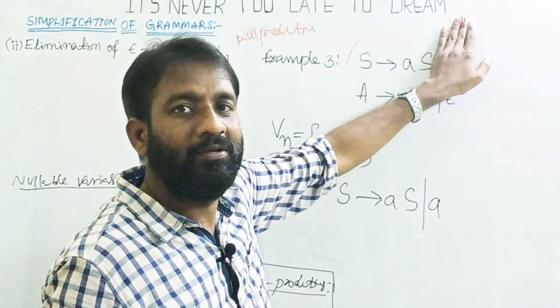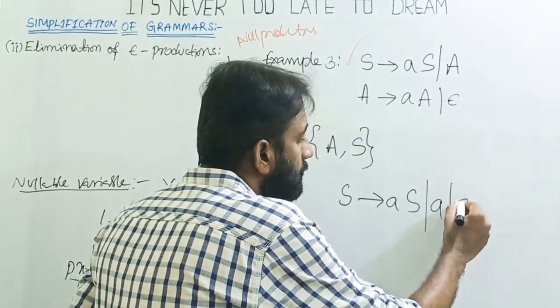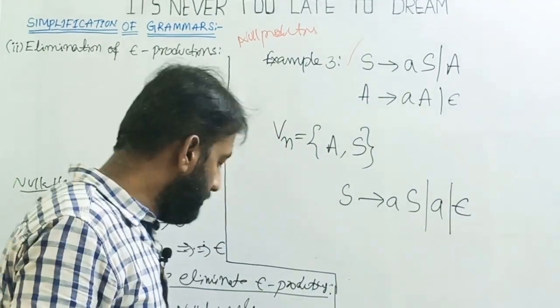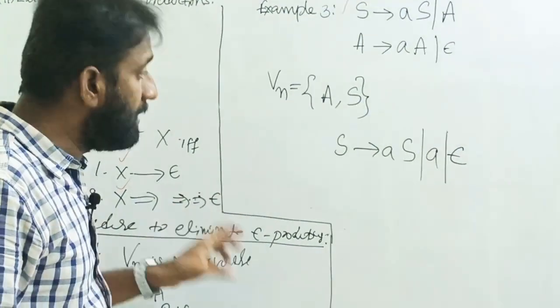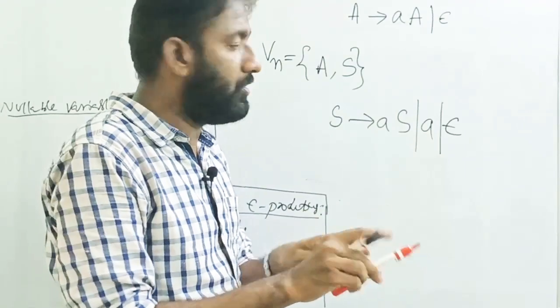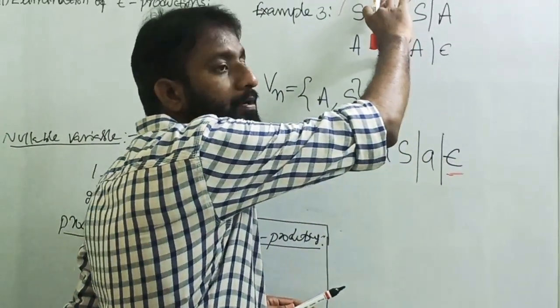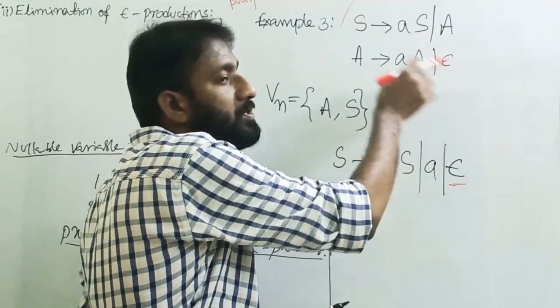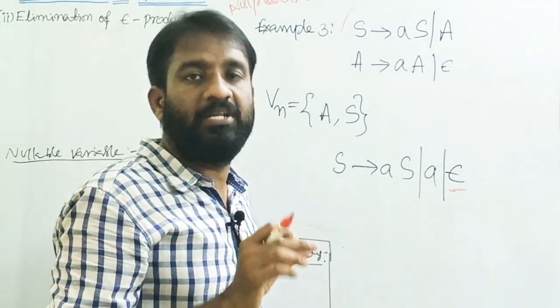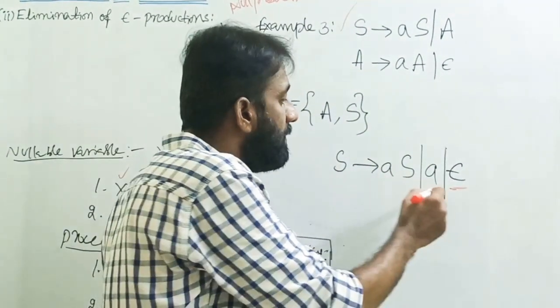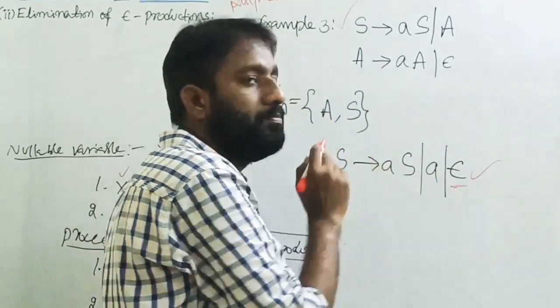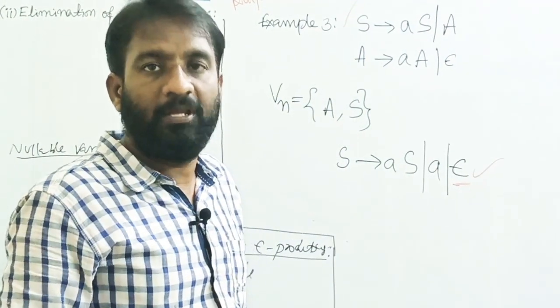Epsilon. Okay. Now I am adding epsilon to the S production. I clearly mentioned in the procedure, don't add epsilon to the production, but there is a necessity to add it, because this grammar derives epsilon as a string in its language. That's why it's mandatory to add epsilon to the starting production. This is one special case in epsilon productions.